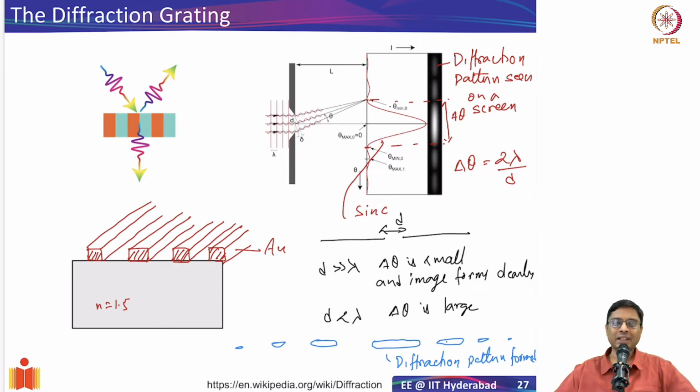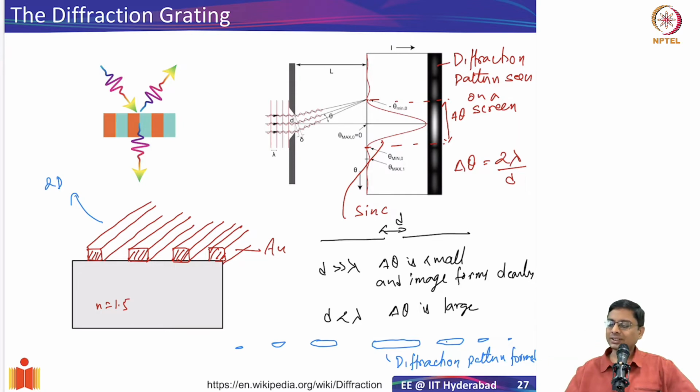So why does this help us? The reason it helps us is my array of these objects, like gold lines, let's say. I can think of it as a crystal, but I will not even call it 2D.